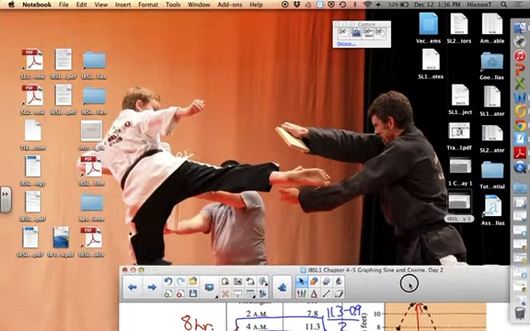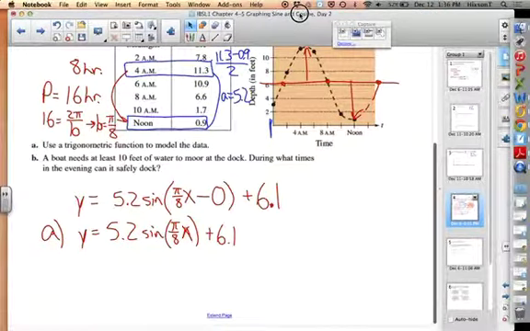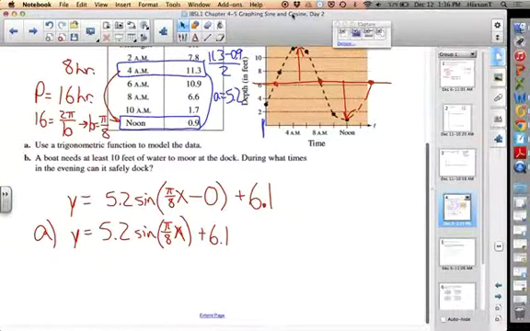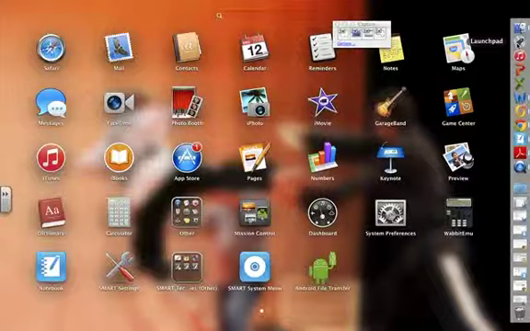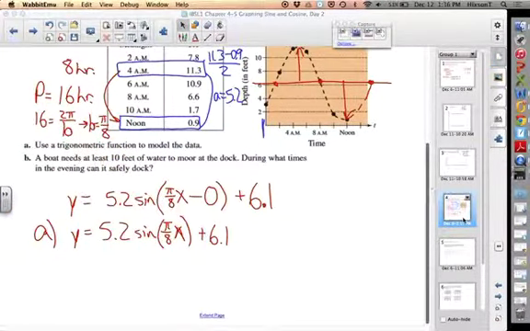Not sure what happened to that thing. Oh wait, there it is. The amplitude is the highest minus the lowest, then divided by 2.